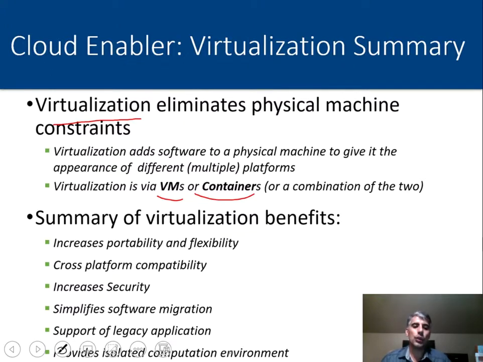It increases security because it provides more isolation between users. A very, very great feature for cloud users. And it simplifies migration. This has been a dream for system admins for a long time. And support of legacy applications.